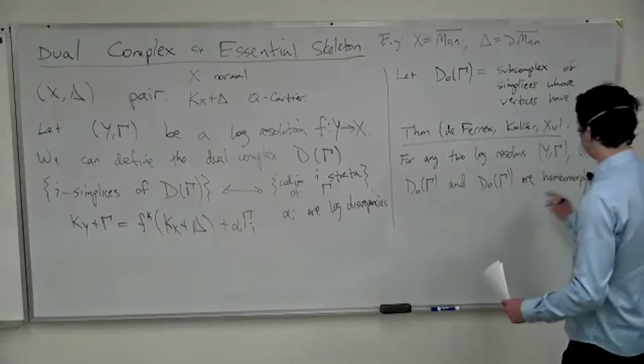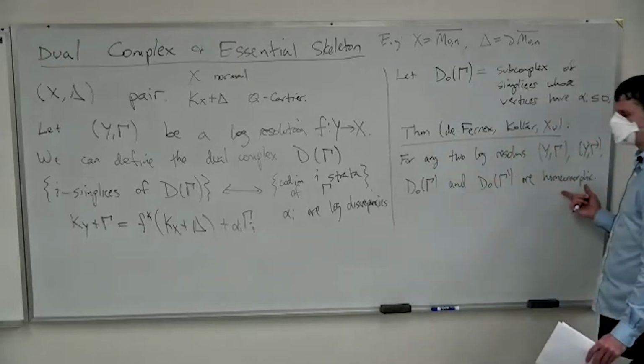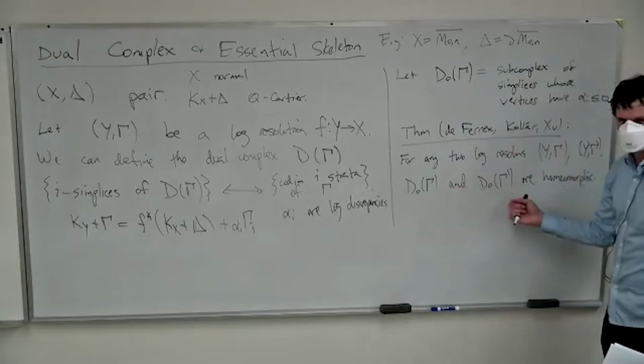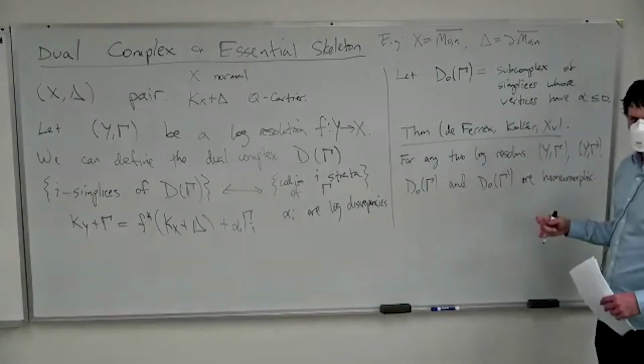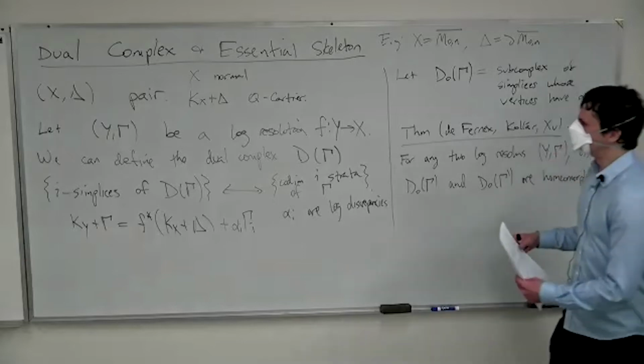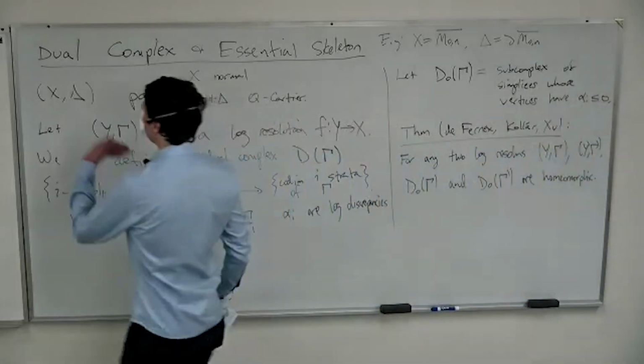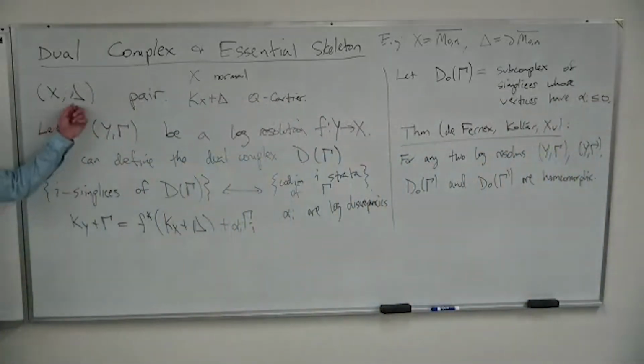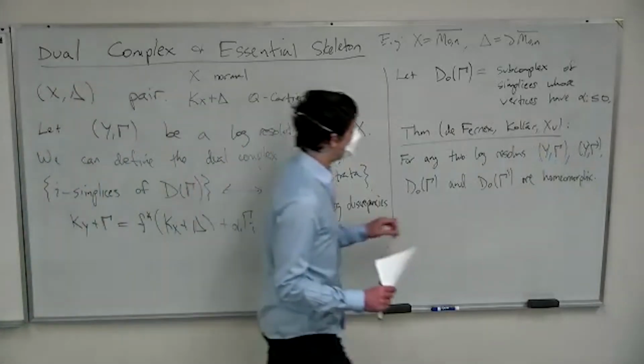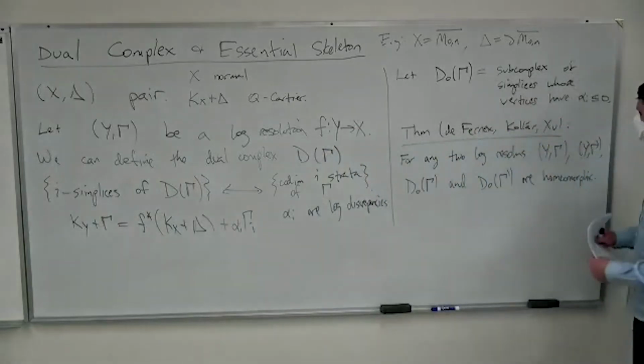Okay, and so what is this particular complex? What you'd really like to take is some DLT minimal model of x delta, which is possible, and we know this follows from BCHM. I think the particular result in this case is due to Haken.